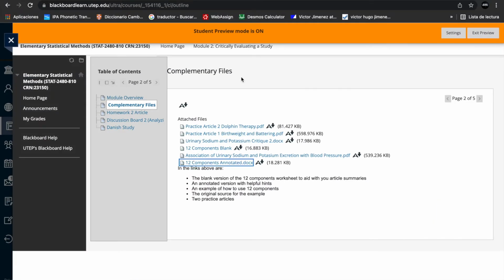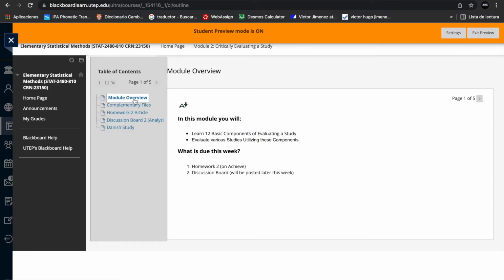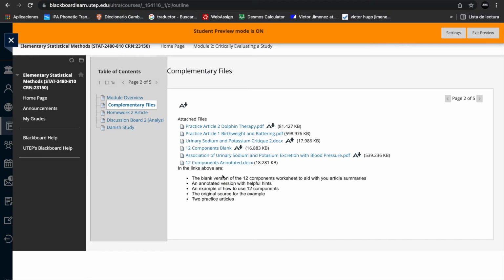So first, if you go to Blackboard in the module overview, you will have some complementary files. You have a file with the 12 components in blank, and the 12 components annotated.